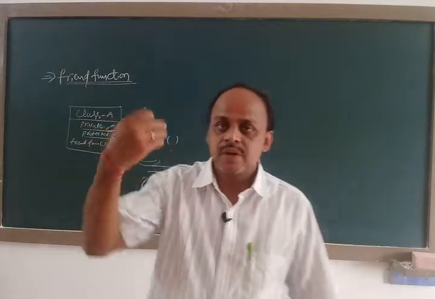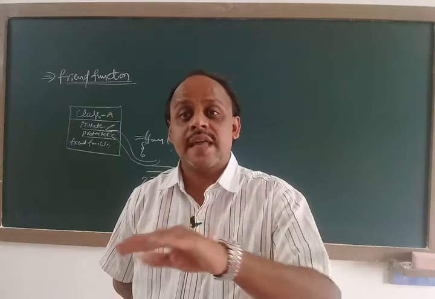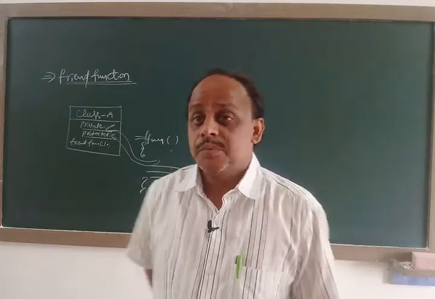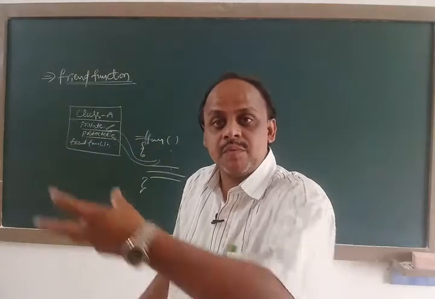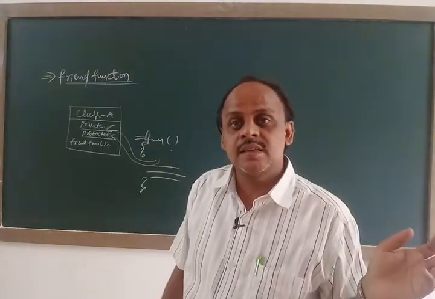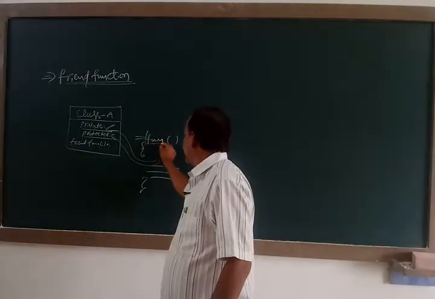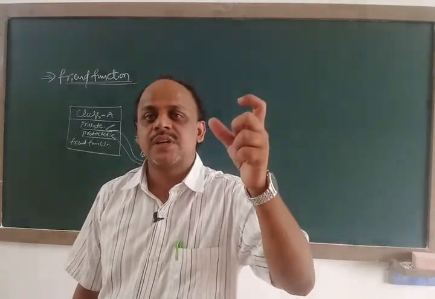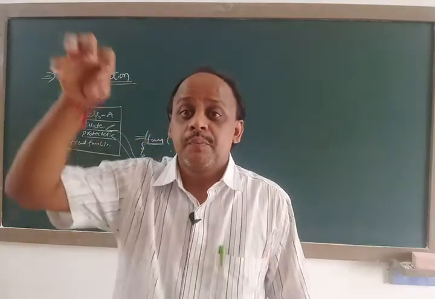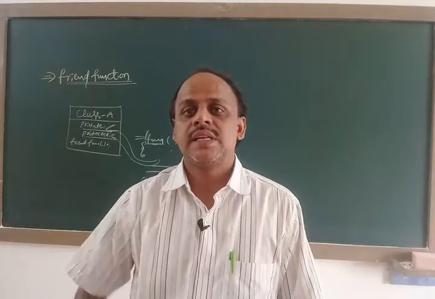Usually a data member which is under private or protected is not accessible outside the class. But here we are accessing private and protected data members outside the class, because this is what? A friend function. So with the help of a friend function we can access private as well as protected data members outside the class.